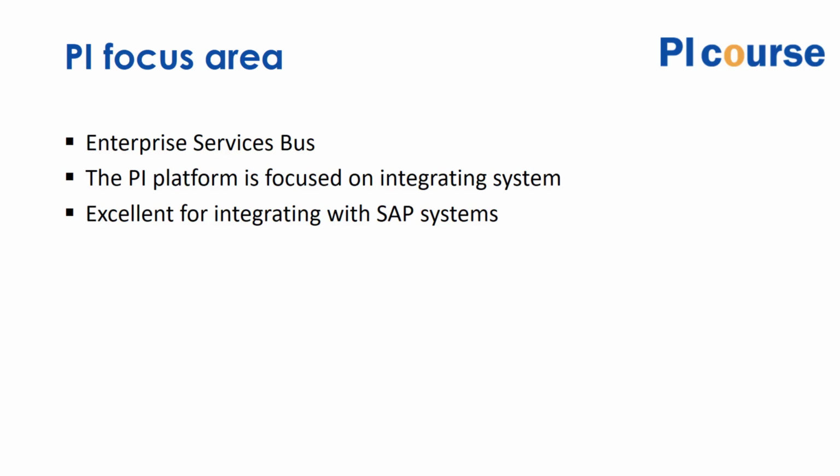The PI is a platform you can use to integrate with other systems, process integration, and the key selling point behind the PI has been its excellent integration with other SAP systems. So you got a lot of native communications going on with the SAP systems.